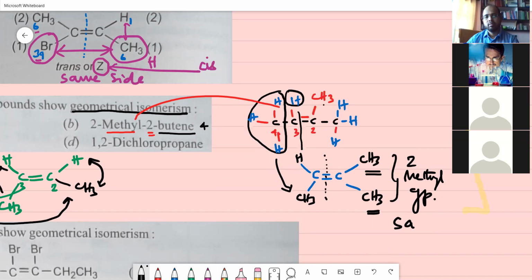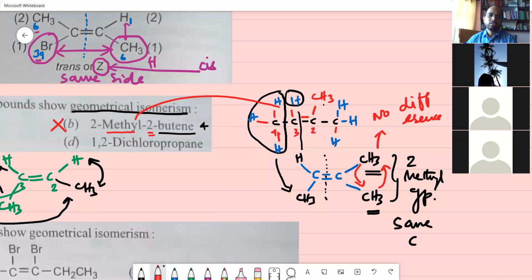Same C atom. So if you have it like this, if you exchange these two, no difference will be found. Therefore, this doesn't show any geometrical isomerism. The second compound doesn't show geometrical isomerism.